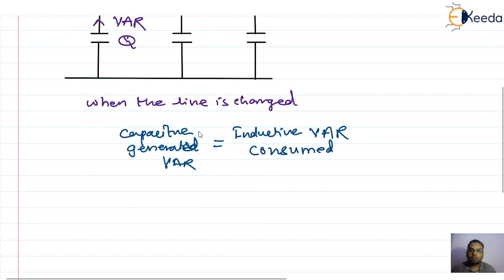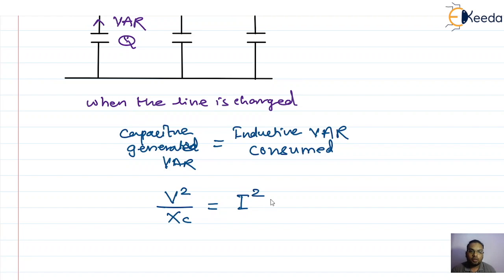For the capacitive VAR generated, we can write it as V square upon XC, and the inductive VAR consumed, we can write it as I square XL.